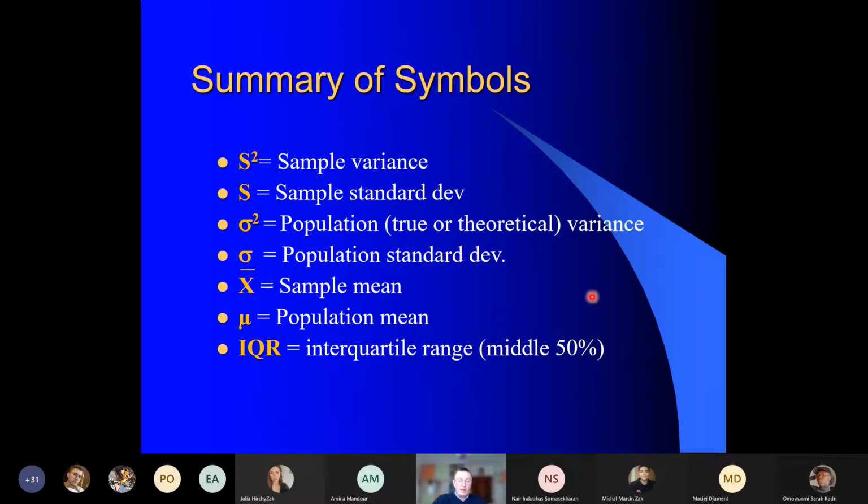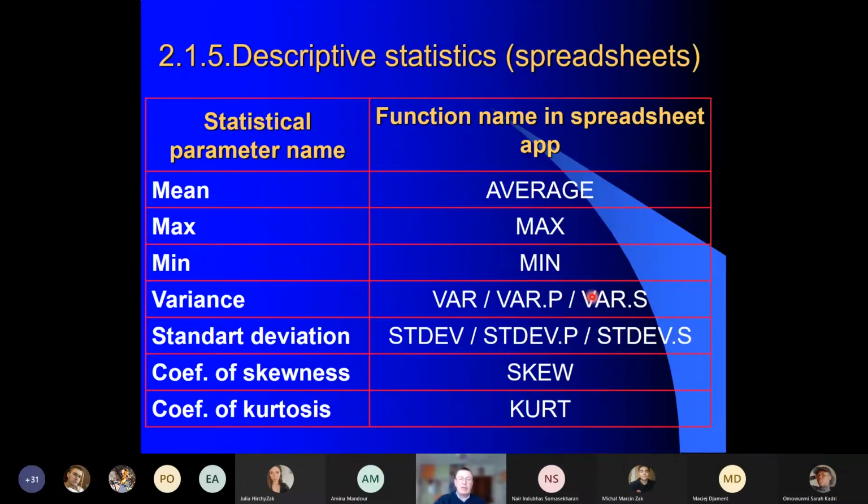Those are very common labels used in our terms. And if we want to use a spreadsheet application, we have a number of functions, and we have the Analysis ToolPak which could also give us a descriptive statistics tool. So here is an example of common functions to calculate a few descriptive statistic parameters.